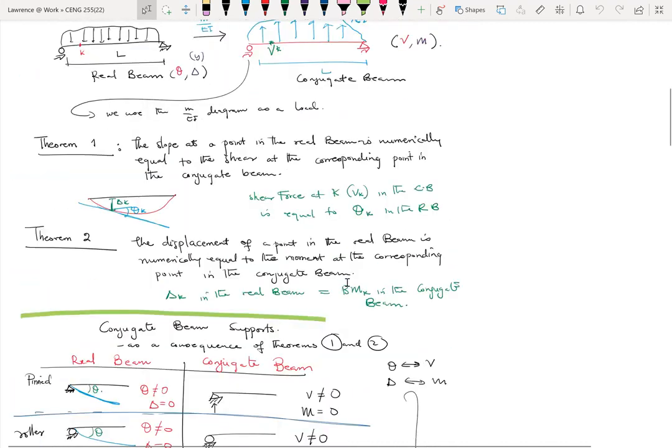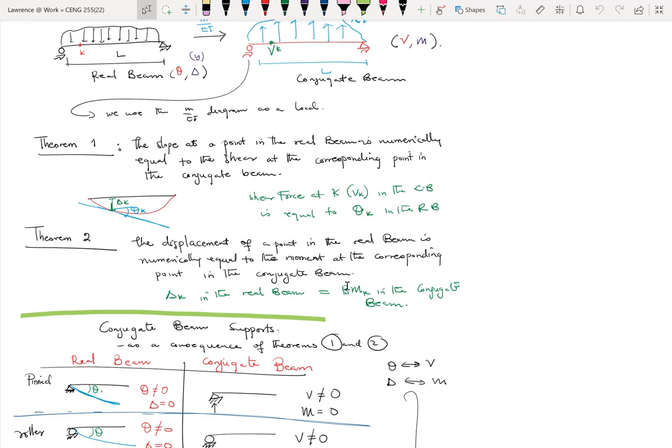The first theorem states that when comparing the slope in a real beam and the shear in a conjugate beam, the slope at a point in a real beam is numerically equal to the shear at the corresponding point in a conjugate beam.